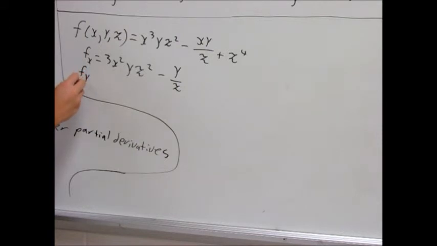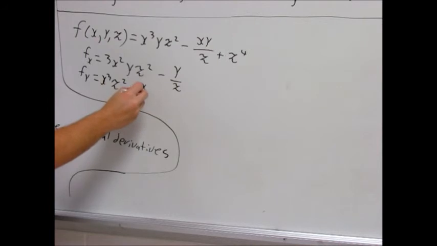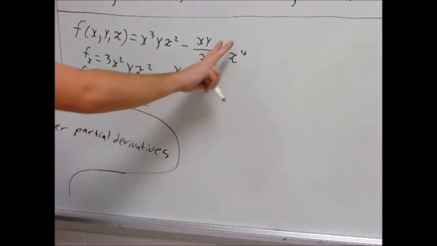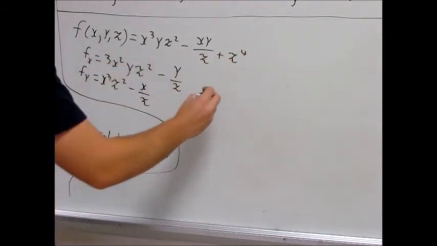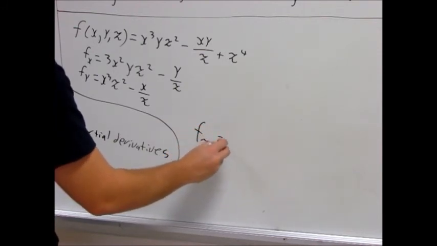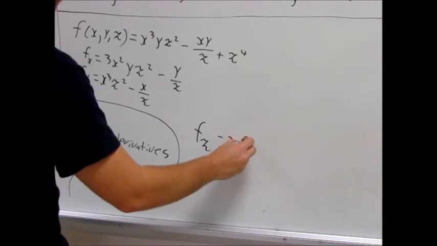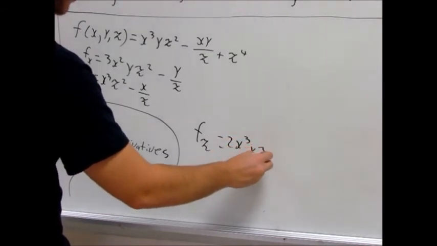Partial derivative with respect to y is, well, this is just constant times y, so it's x cubed z squared, minus, again, just a constant, x over z, and it's a constant, so it's 0. And then partial derivative with respect to z becomes 2 x cubed y z.